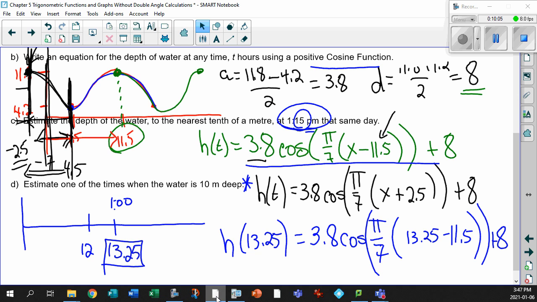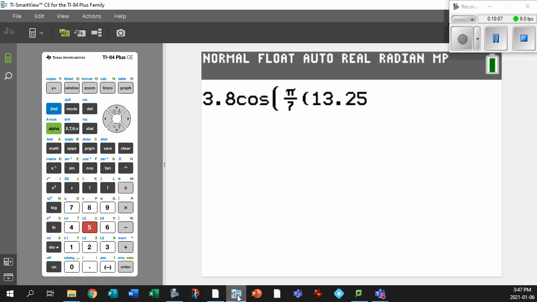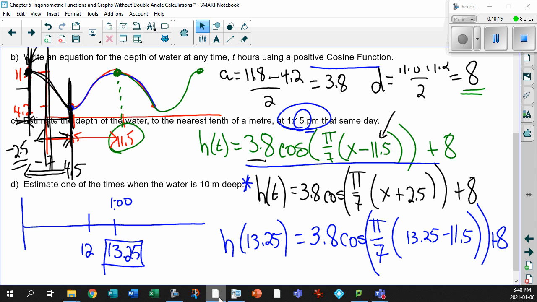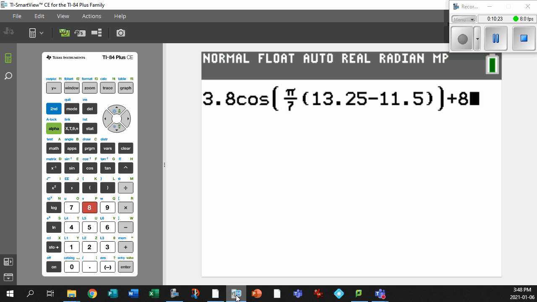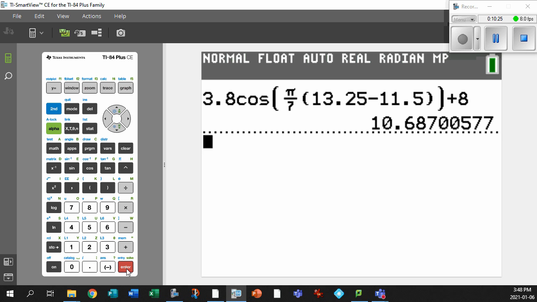Okay, minus 11.5. Right, there it is. Okay, bracket again to finish that off, plus my 8. Just double check. Looks perfect to me. Punch it. Okay, here we go. Enter. I got 10.68. So its height is going to be 10.68?